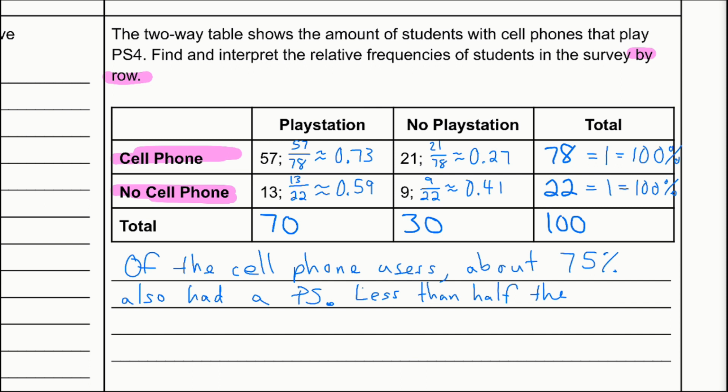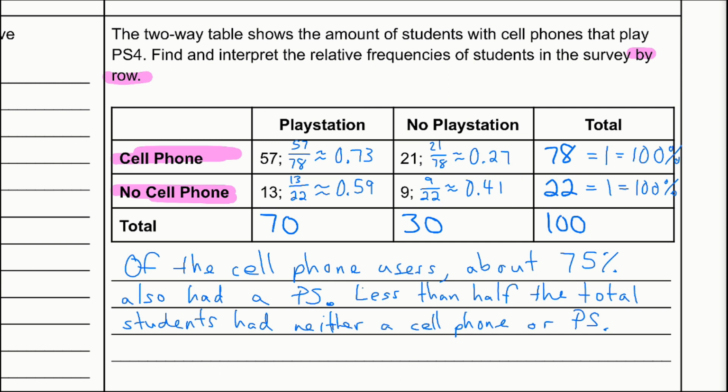Less than half the total students had neither a cell phone or a PlayStation, right? And I'm looking at this data point right there for that. 0.41 is less than 50%, so I'm looking at that.